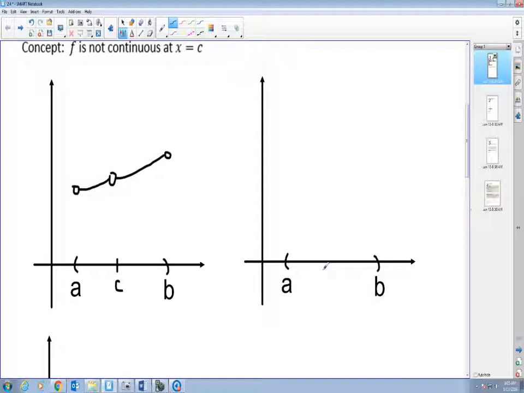Another way where the function f is not continuous is if the limit of the function as x approaches c does not exist.